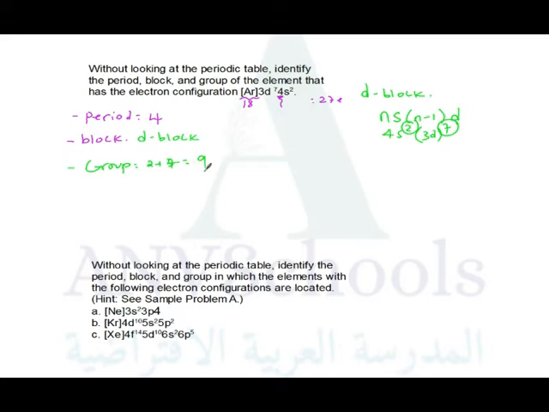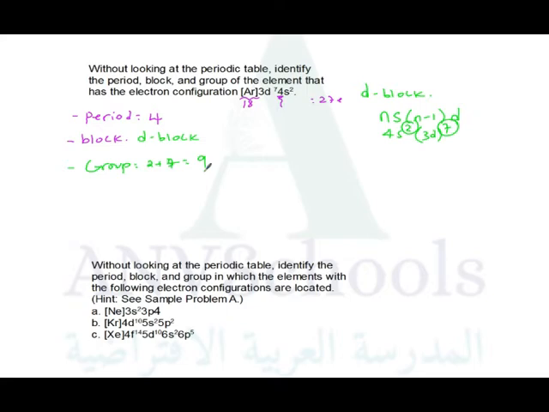So the element is found in group 9. So the period is answered, the group is answered, the block is answered. So the element with argon in its configuration, an element having 27 electrons, is cobalt.